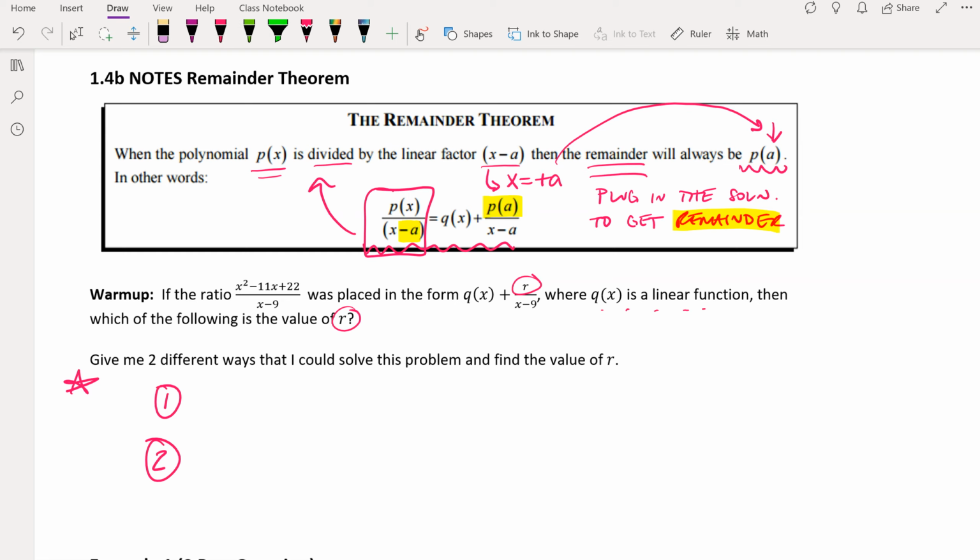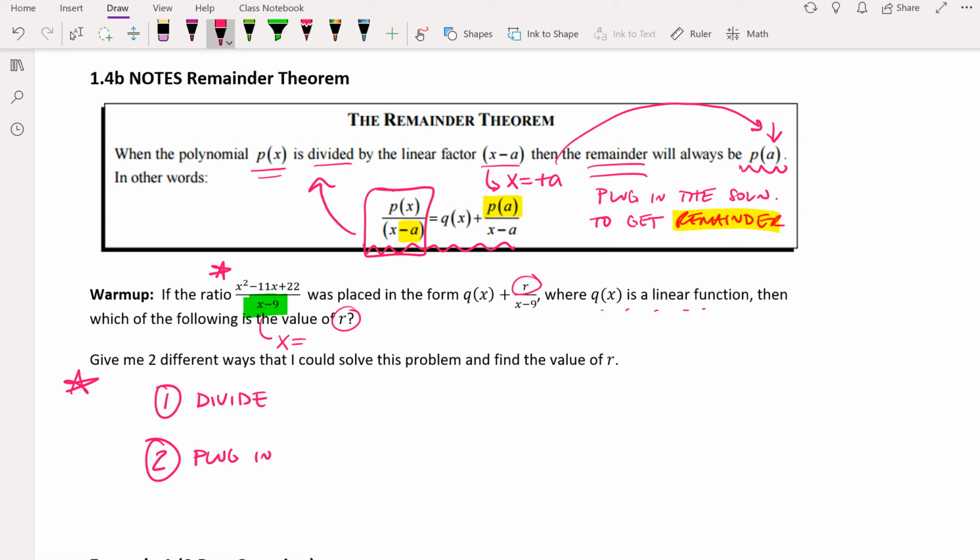Okay, so the first way that we could find the remainder is divide. We could divide and then see what we get for the remainder. Do this division. Or the second way that we could find the remainder is plug in the solution. We're going to look at what we're dividing by, and the solution is going to be what x equals.